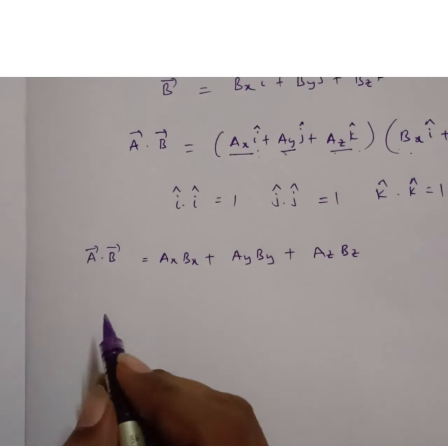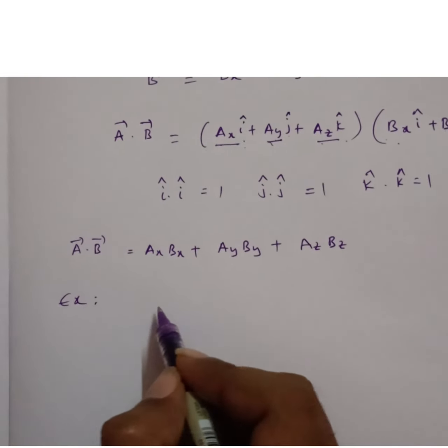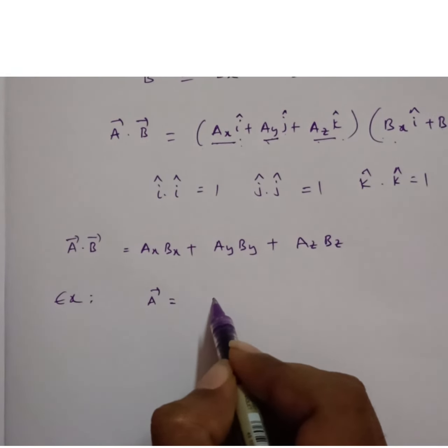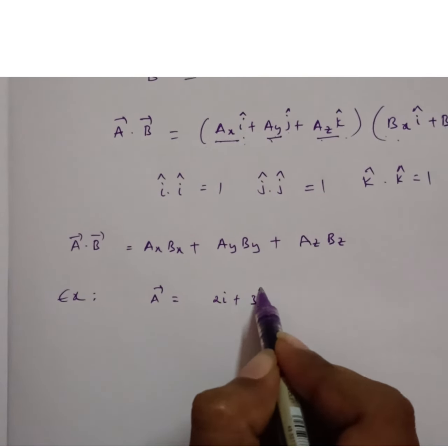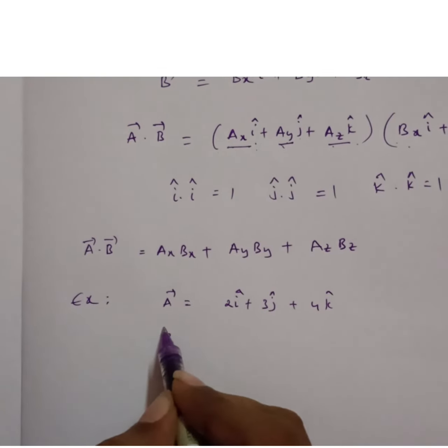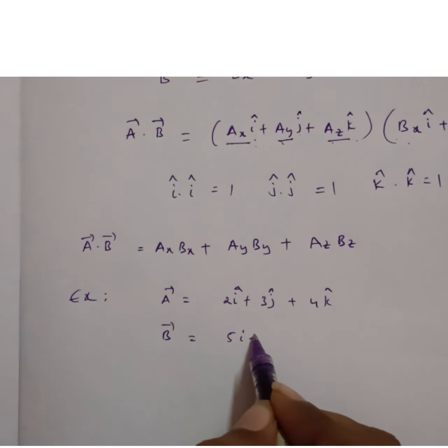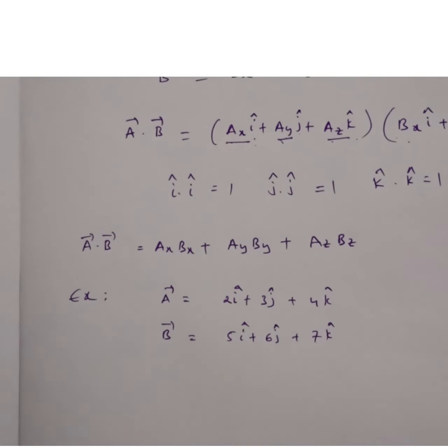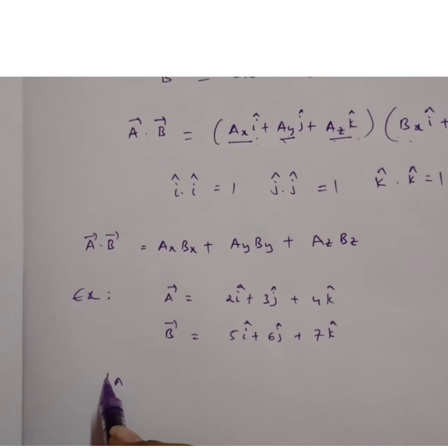We'll do one example problem here. If two vectors A bar equals 2i plus 3j cap plus 4k and B bar equals 5i plus 6j plus 7k. Now what is the dot product?